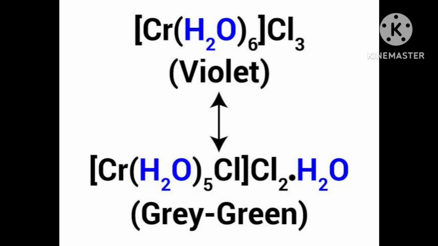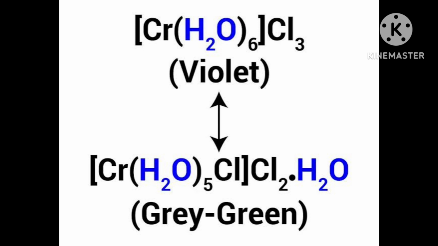Then outside it becomes one H2O and 2 Cl, because one H2O went outside, replaced with counter ion. Now it becomes inside CrH2O whole 5 and Cl, with Cl2 and H2O outside. One Cl entered the complex ion. Its color is grey-green.